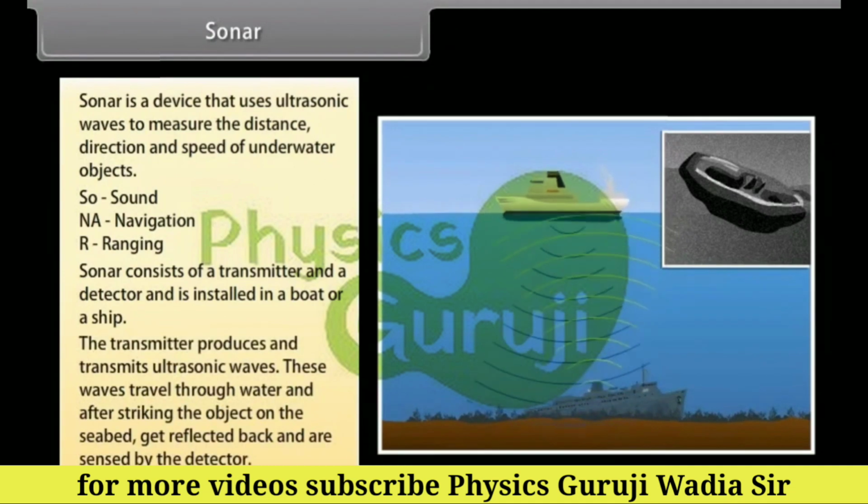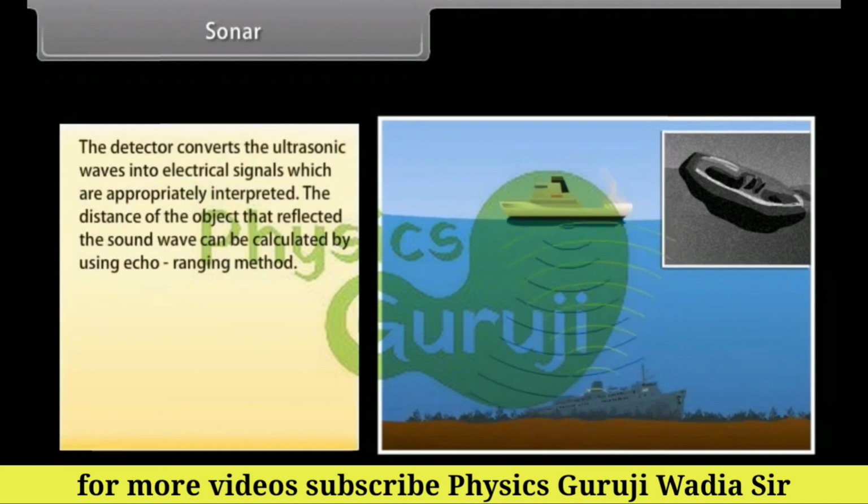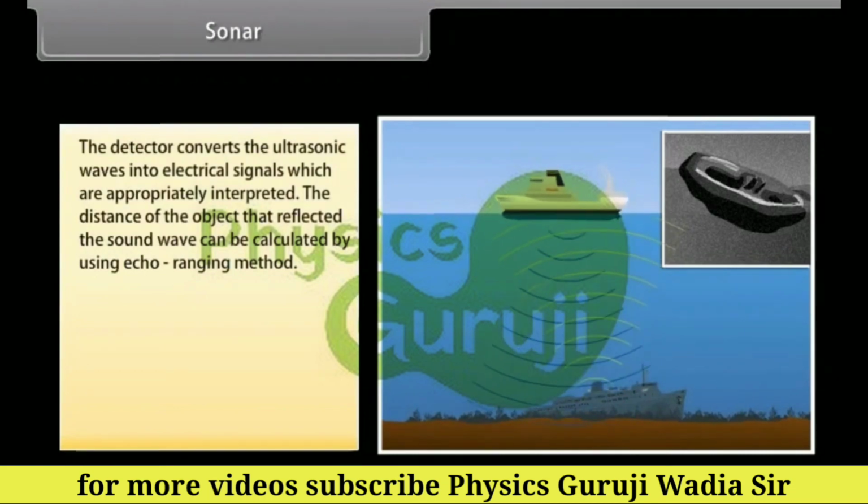These waves travel through water and, after striking the object on the seabed, get reflected back and are sensed by the detector. The detector converts the ultrasonic waves into electrical signals which are appropriately interpreted. The distance of the object that reflected the sound wave can be calculated by using the echo ranging method.